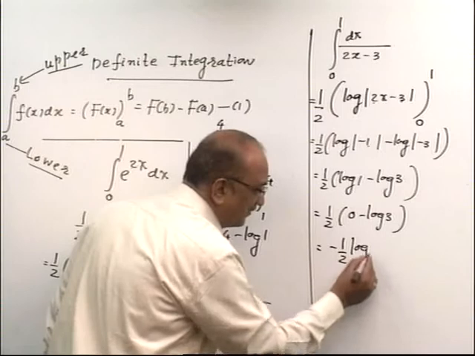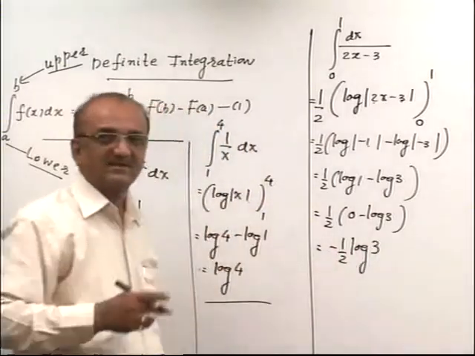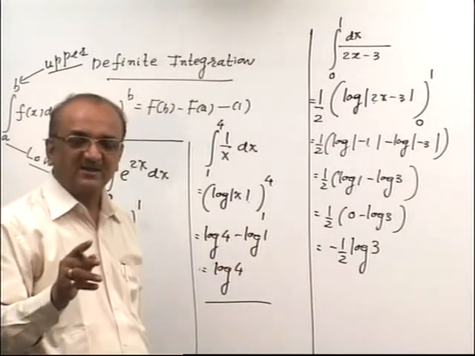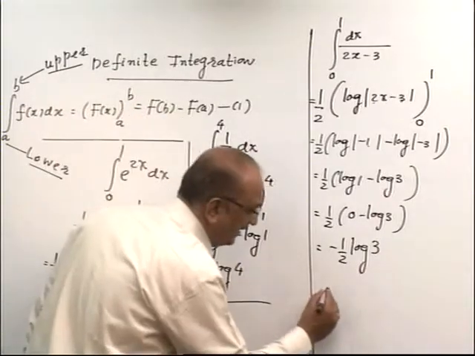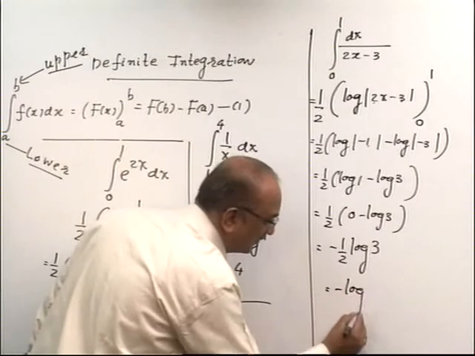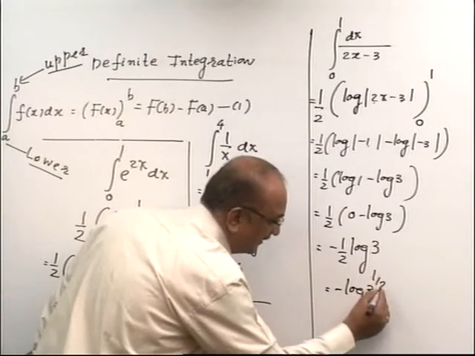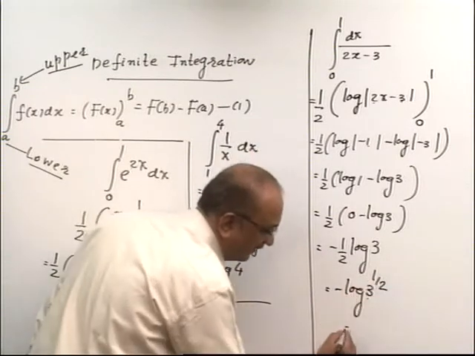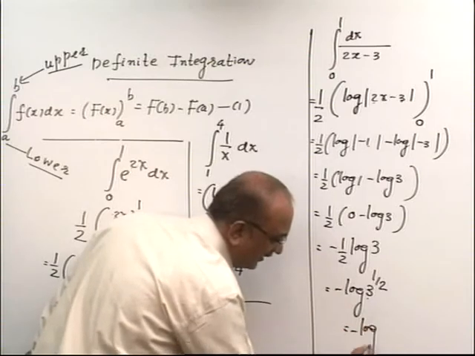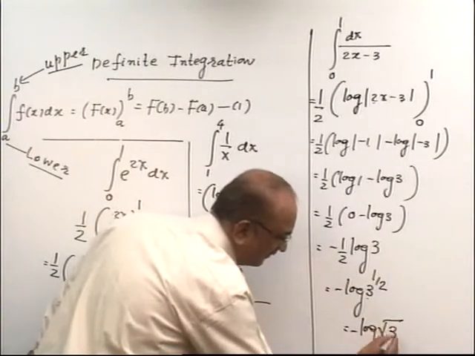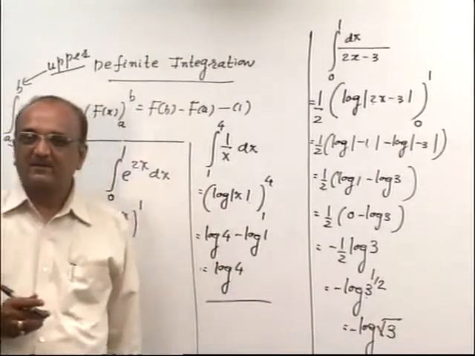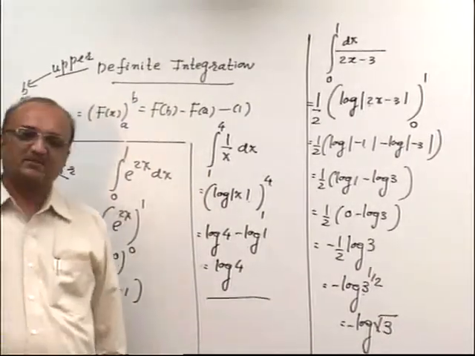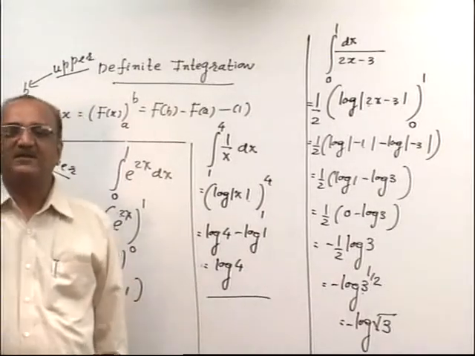Examiners may ask this option, or they may give the option minus log of 3 raised to half, so 3 raised to half is root 3, meaning minus log root 3. The chapter is same as previous, only thing is the a to b limit is given.